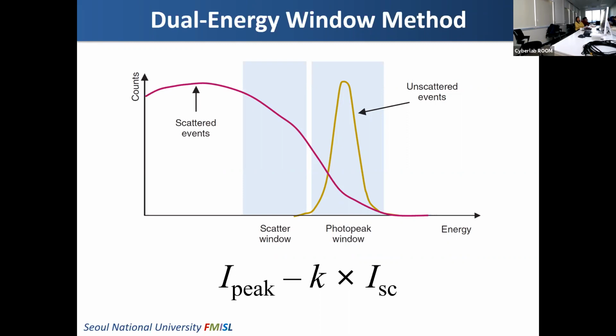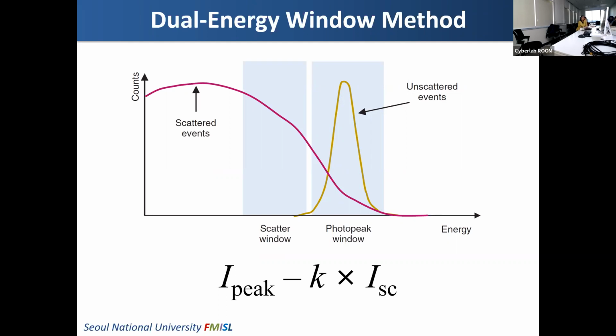If we have a large scattering object, we will have this scatter distribution, but if the scatter is not so significant, the scatter distribution will be lower. But if we apply these two windows, the ratio of this amount and this amount would be quite similar, right?